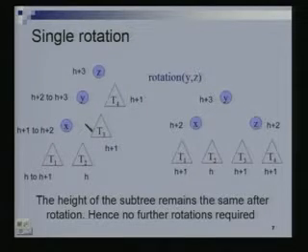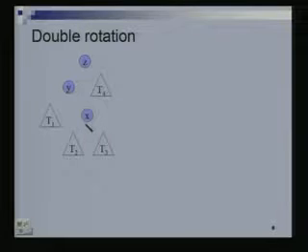So the other case is this one, where x is, let us say, a right child of y, which is a left child of z. This has a symmetric case, which is that y is a right child of z and x is a left child of y. Again, that is completely symmetric and we will not handle that.